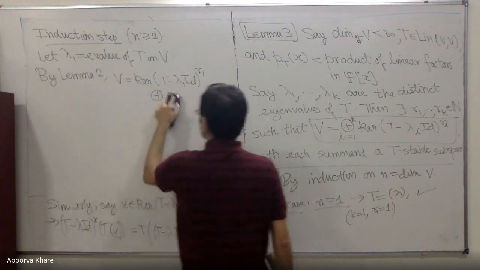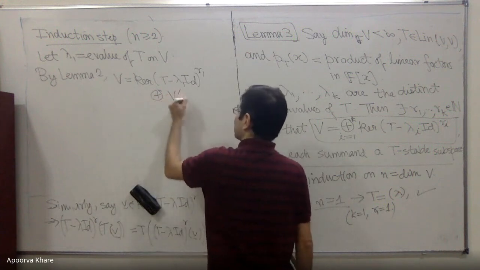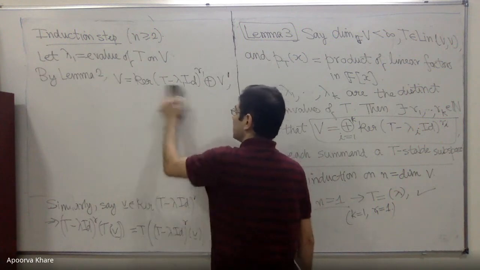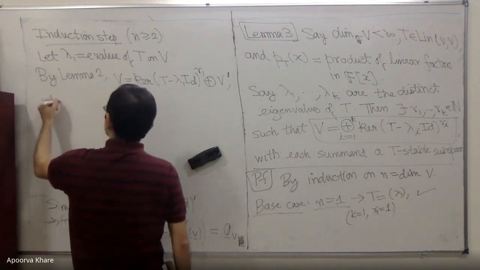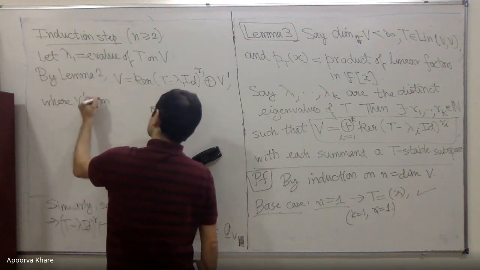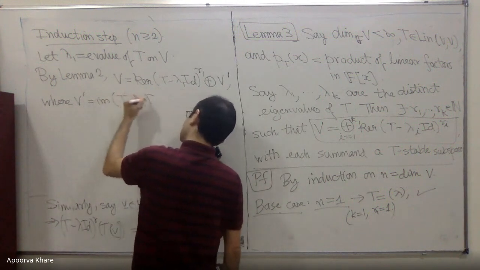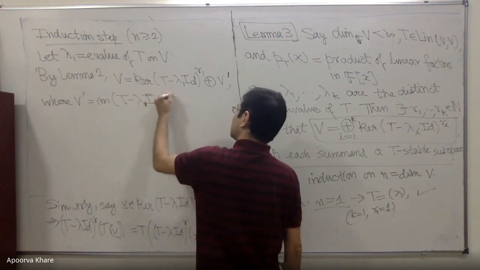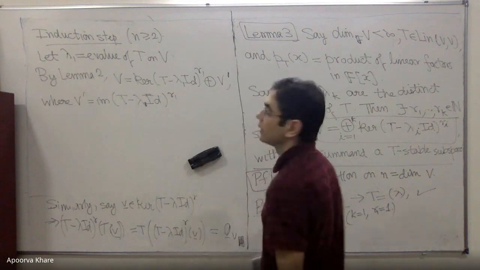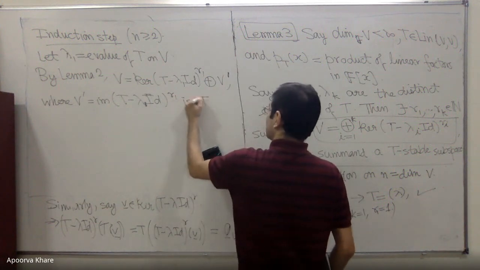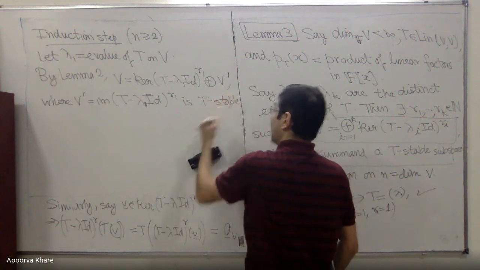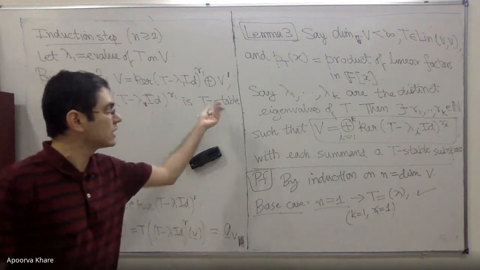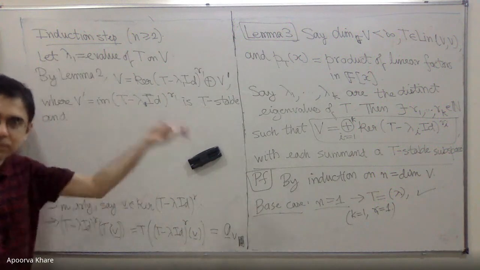Let's call it V prime. V prime, the image of (T minus lambda 1 identity) to the r_1, is T-stable and of smaller dimension. And that's the key. The remaining part is of smaller dimension and T-stable. So I can use V prime instead and apply the induction hypothesis.